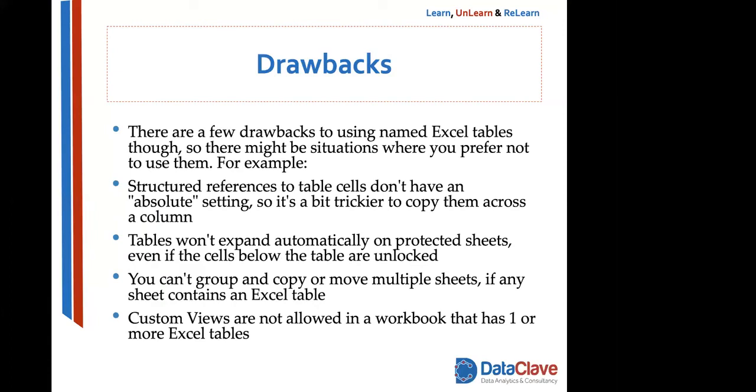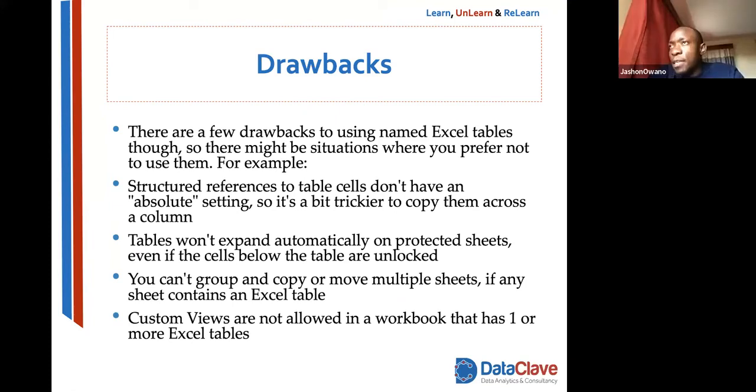Number one is because the table uses structured references. Structured references is, when we wrote that formula and instead of giving us equals, then the cell reference, it gives us an element in the table name that is usually not absolutely locked. Now, when we're speaking about cell referencing, we discussed 3 different types of referencing.